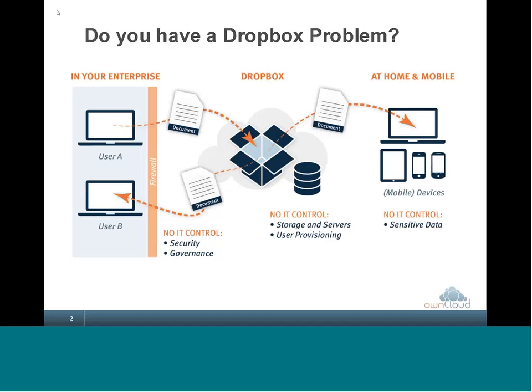But what happens is that file is now outside the enterprise, and while that particular issue of sharing that one file is now fixed, you now have a gap in your security policies, your governance policies. The files are stored on storage and servers that you don't own. And one of the biggest issues is user provisioning. If somebody leaves the company, they're still part of that shared folder. Those files remain shared with them. And in the end, what you lose is control over the sensitive documents. And what ownCloud does is fix that problem for you.